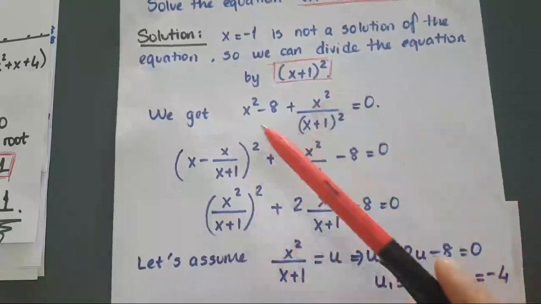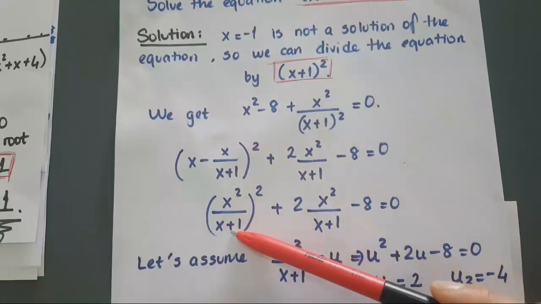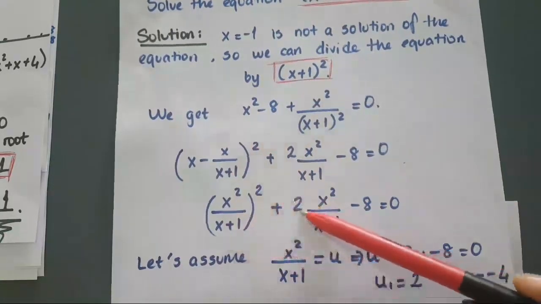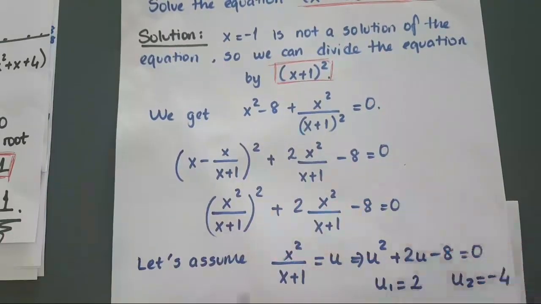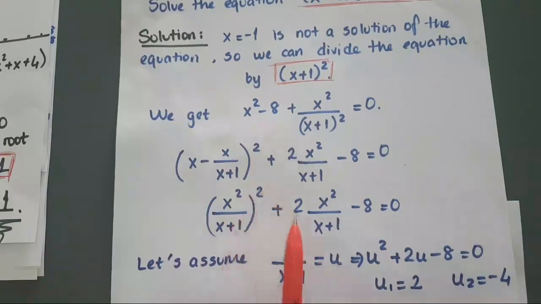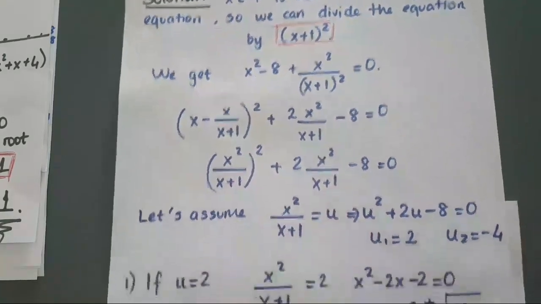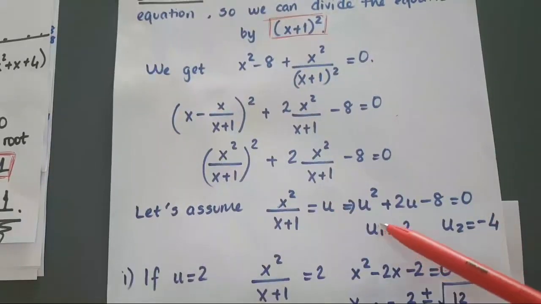We got x squared over x plus 1 to the power of 2, and 2 times x squared over x plus 1 minus 8 is equal to 0. In this form, this is not a quadratic. It is a 4-degree equation, but if we reduce it to a quadratic by assuming x squared over x plus 1 is u, then u squared plus 2u minus 8 is equal to 0 is a quadratic equation. And the solutions of this quadratic problem are 2 and minus 4.